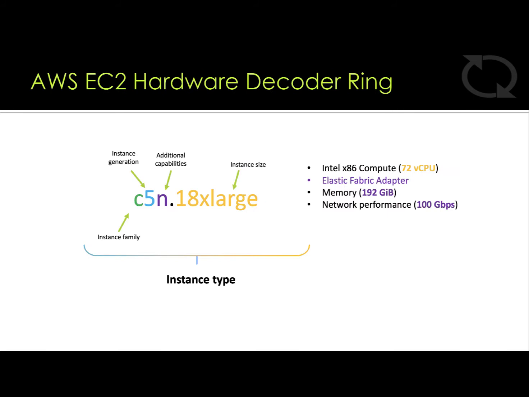And like I alluded to before, these names of the compute hardware like C5n 18xlarge, they have meaning, and these letters and numbers mean something. So this is kind of like a decoder ring to help you determine what's going on when you're looking at these names. You can certainly look in a console and get the details, but it'll tell you the instance family, what generation of the instance it is.